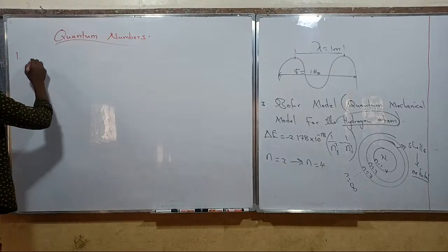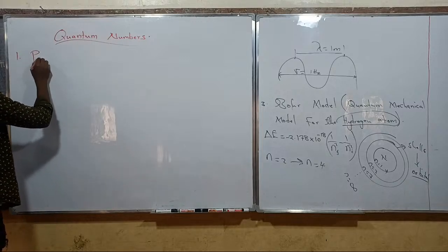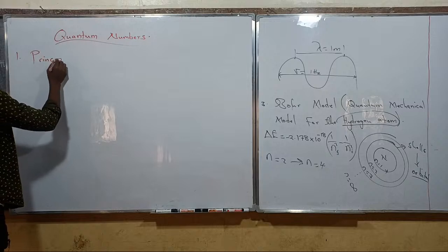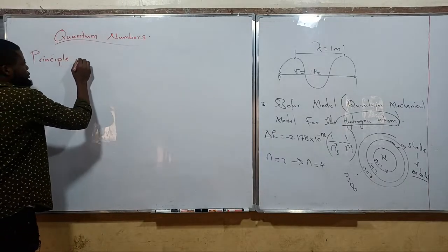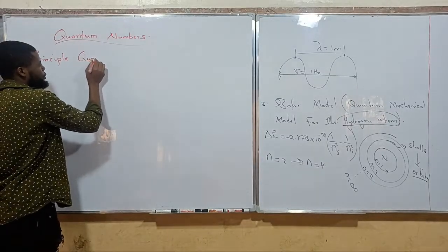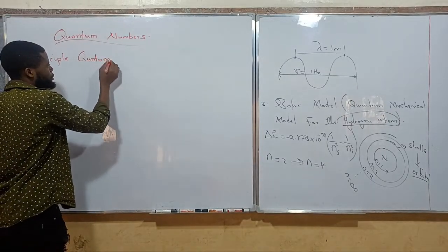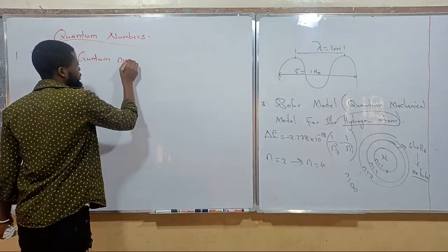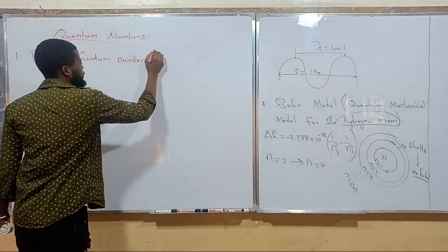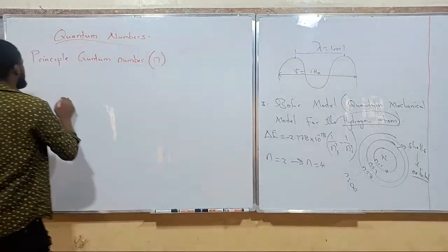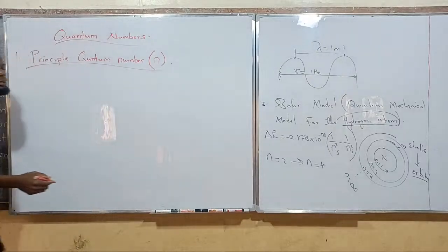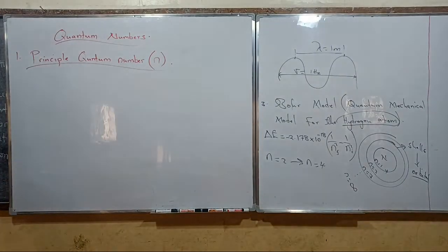The first quantum number we have is called the principal quantum number. We've already established that the principal quantum number specifies the size of an atomic orbital.